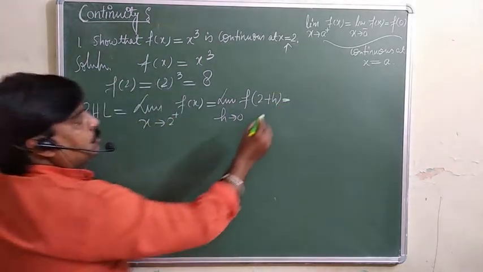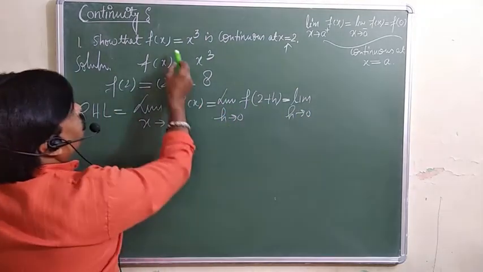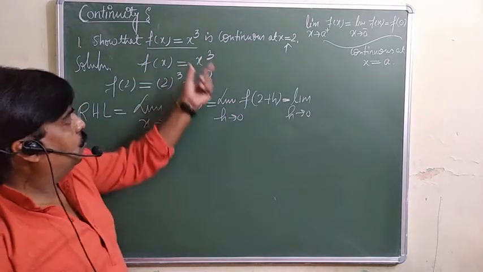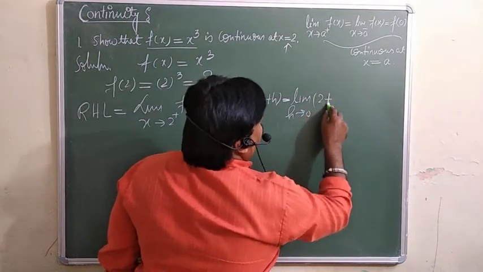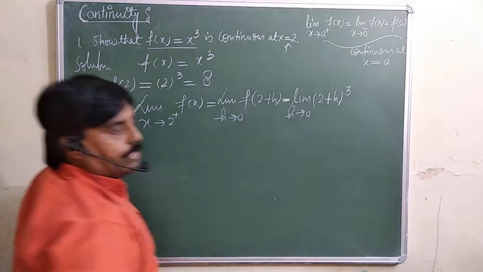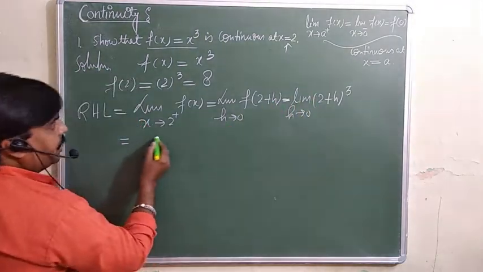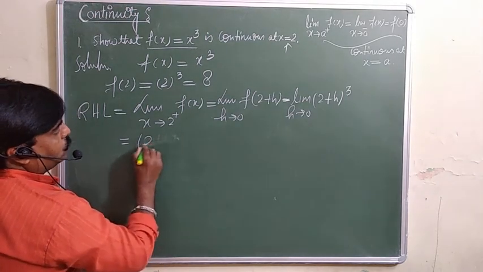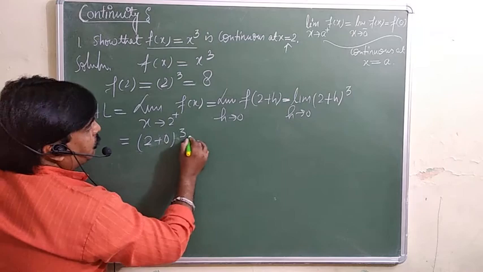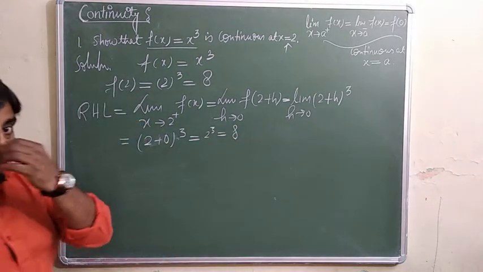Your function f(x) is equal to x cube, so f(2 plus h) is equal to (2 plus h) whole cube. You can put the values here. So you will get (2 plus 0) whole cube, which is 2 cube, equal to 8. So this is your right hand limit.